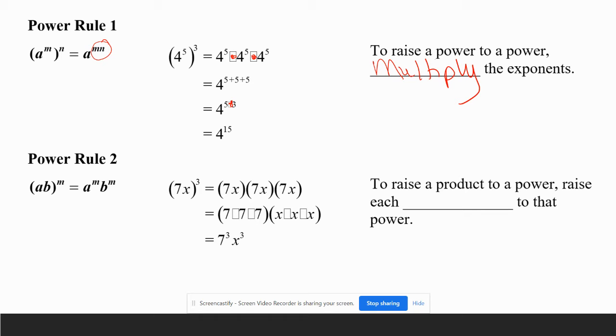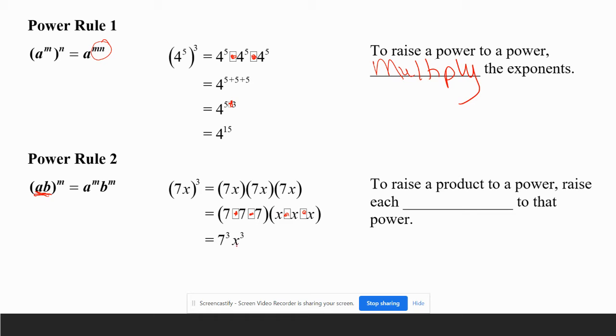Power rule number 2. If I have two different terms inside a parenthesis with an exponent on the outside, that exponent applies to both of them. 7x to the third means 7x times 7x times 7x. So if we did like terms, we have 7 times 7 times 7, and x times x times x.